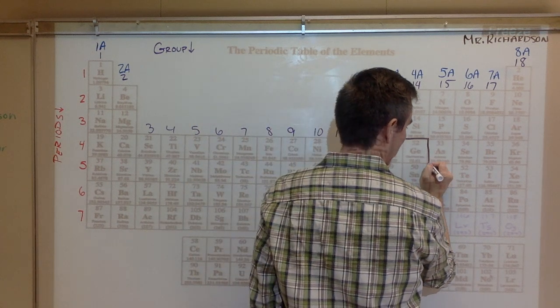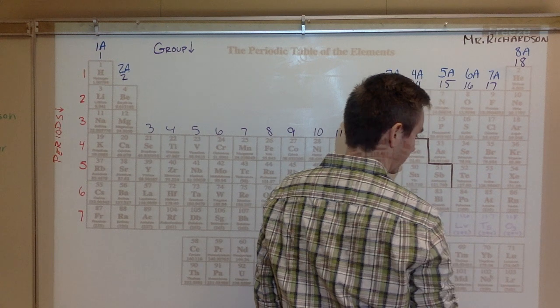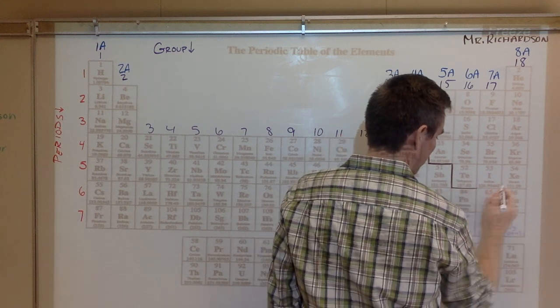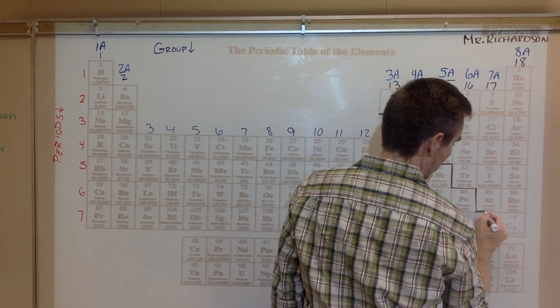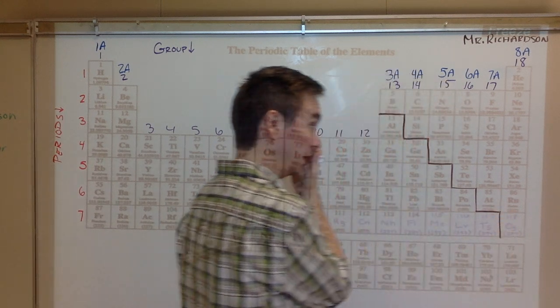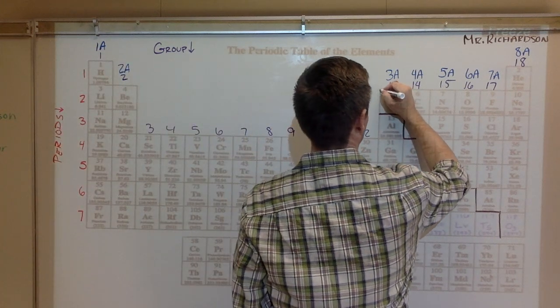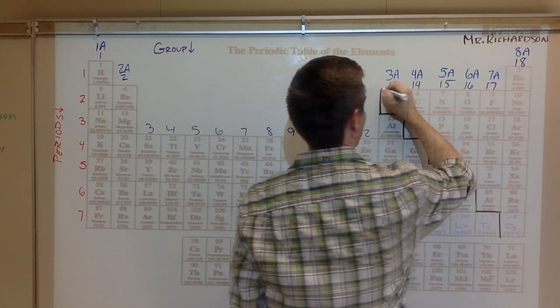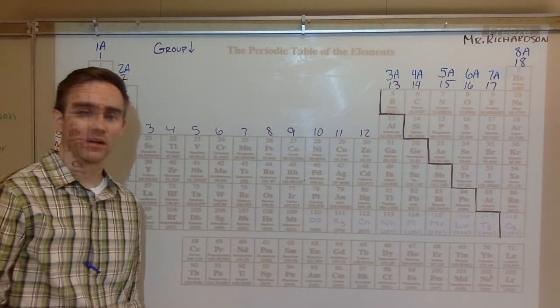Make sure you're catching up and doing it right. It should be going between antimony and tellurium, between polonium and astatine, and all the way down. There's our staircase. That's going to represent what the metalloids are.